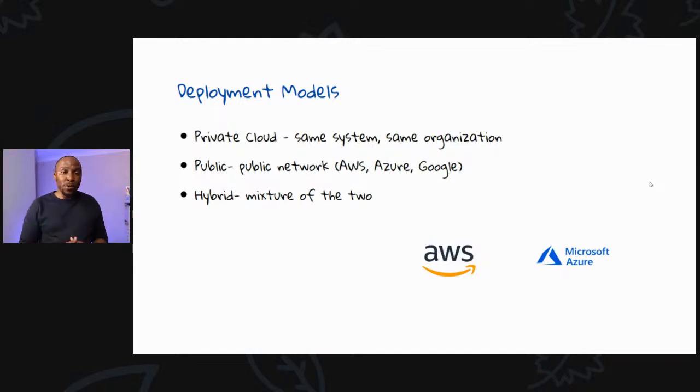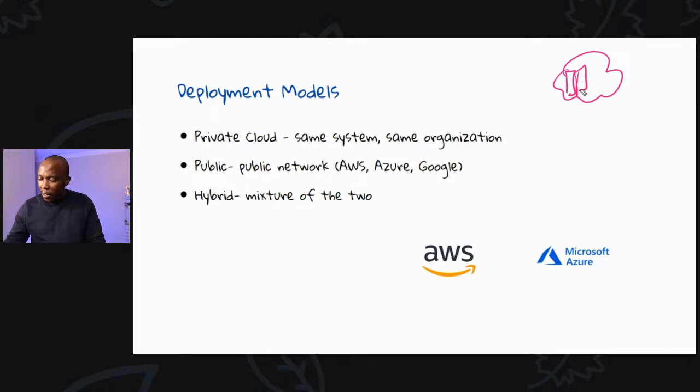The first one is known as a private cloud. In simple terms, cloud is basically servers that are sitting behind the scenes, right? These servers could be sitting in your private data center, and thus it's called a private cloud. No one else has got access to them other than yourselves. This is typical of government departments.